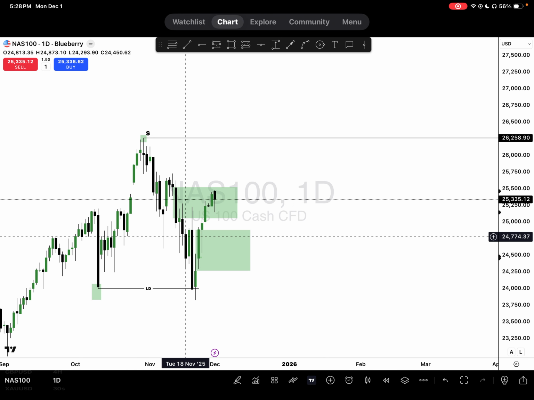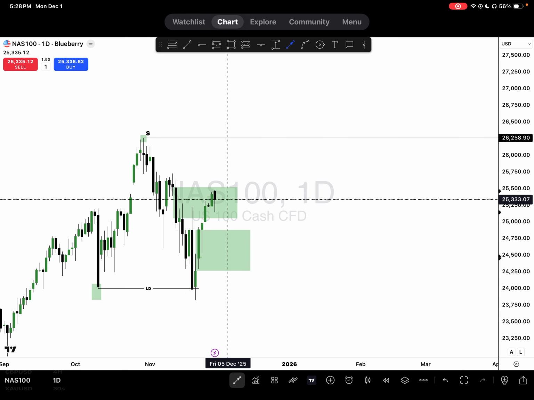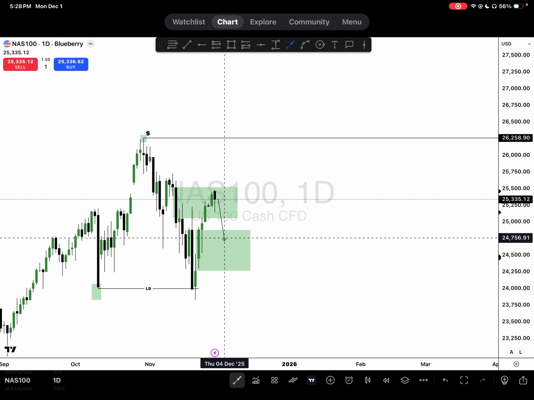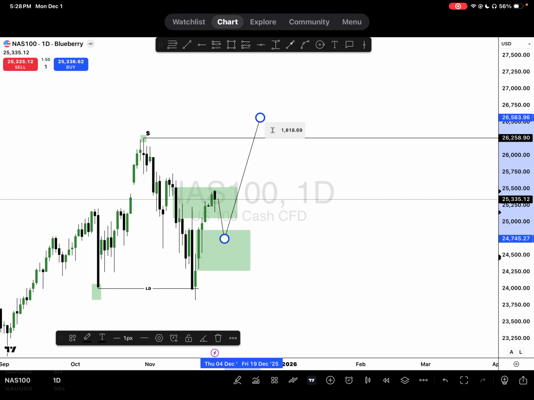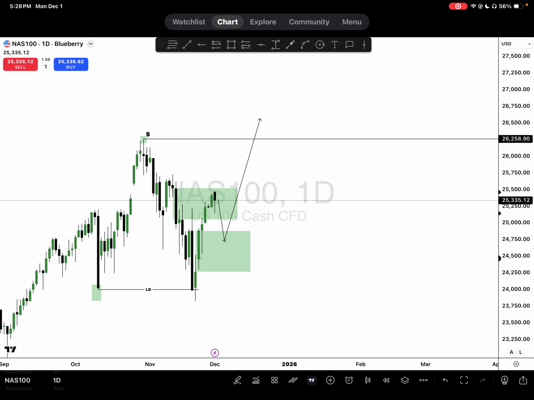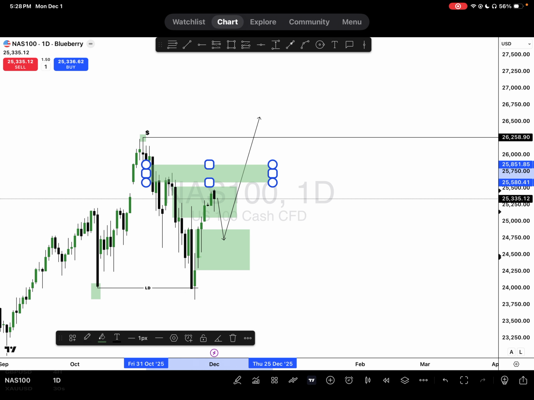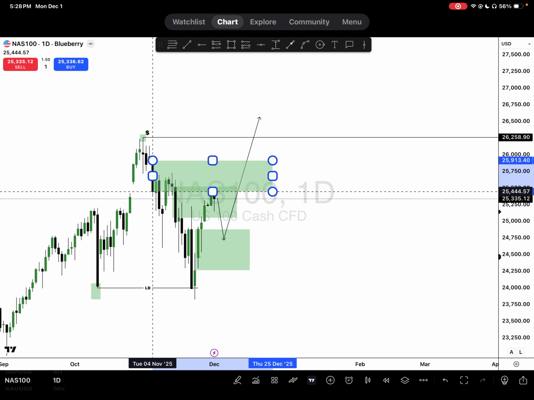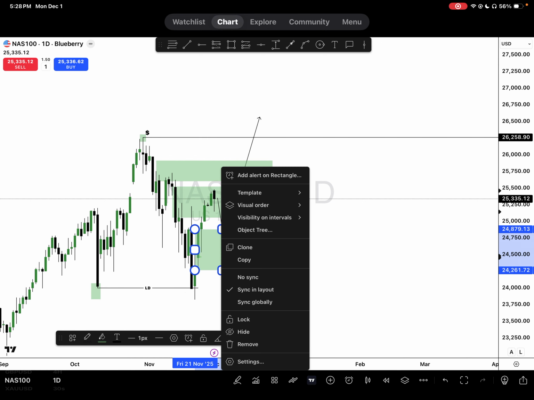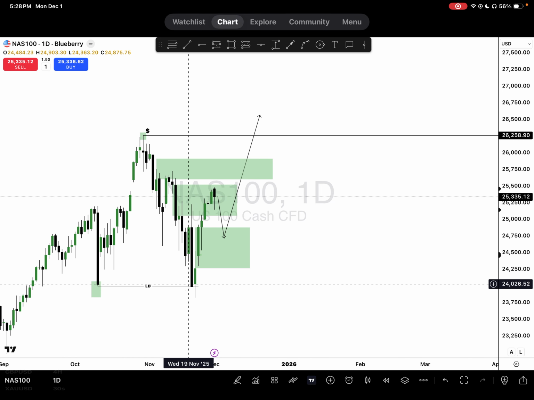I want to see that mitigated, and then I'll look for my entry inside of there, and I want to see that in order to take out that all-time high. That's what I'm looking for right now. Whereas the counter analysis is mitigation of this price gap here, or potentially mitigation of this price gap here, and then we start moving lower to take out that low.